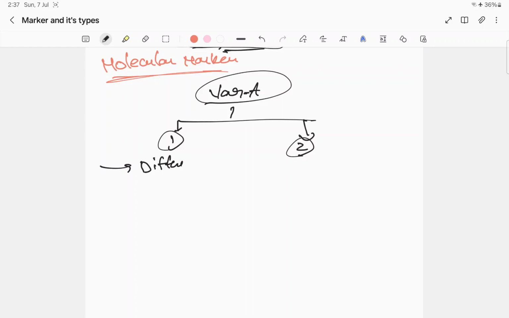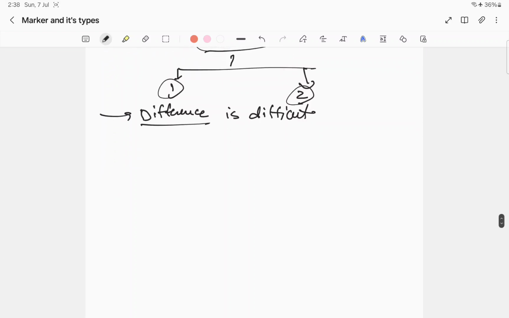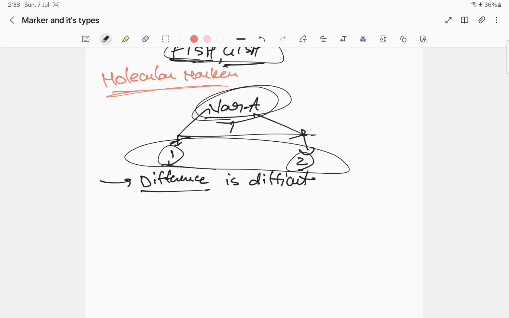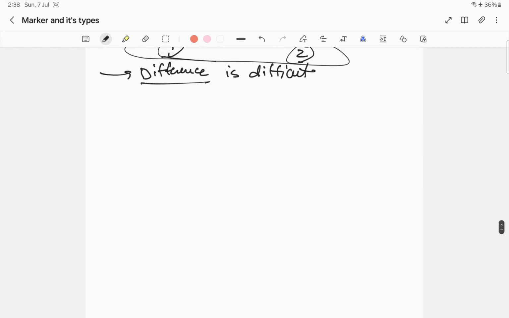Differences here generally means variation. Identifying this variation is difficult, right? If we have variety A and two plants, identification of the variation between these two plants is very difficult, right? Here comes this marker.